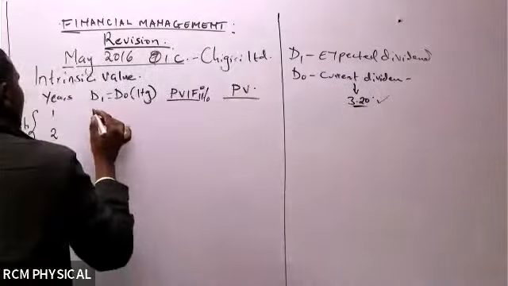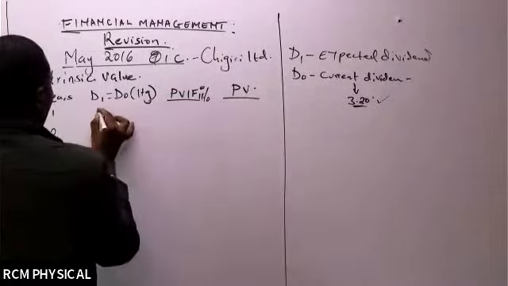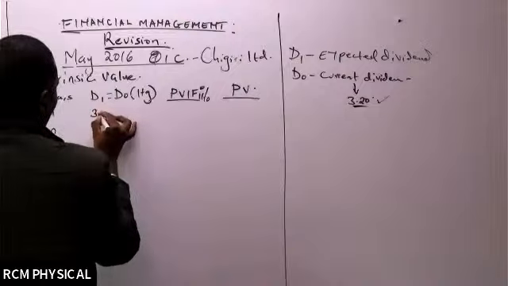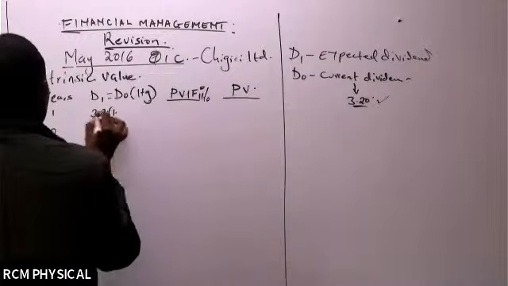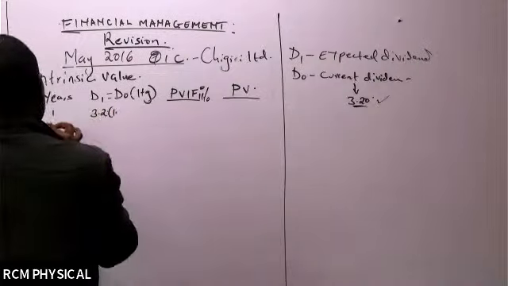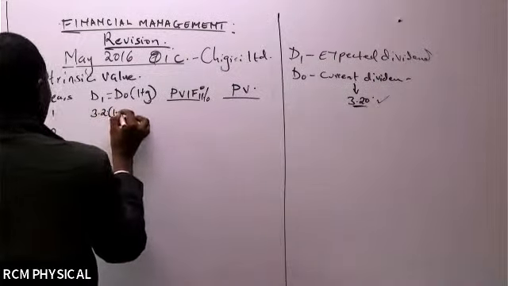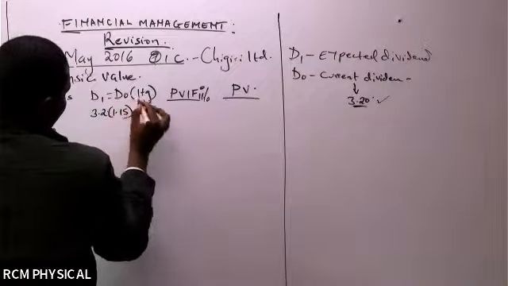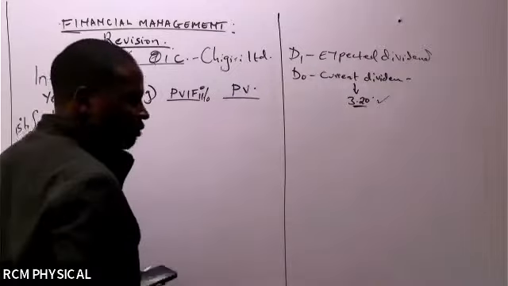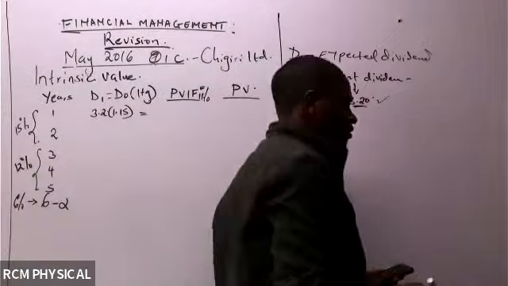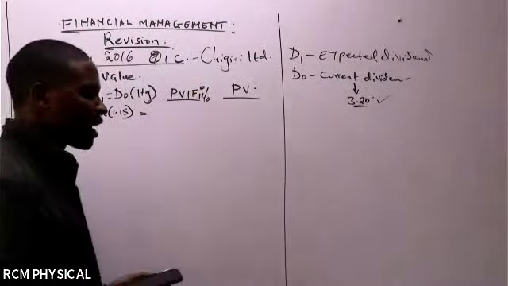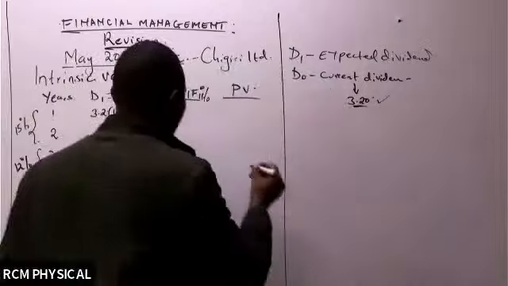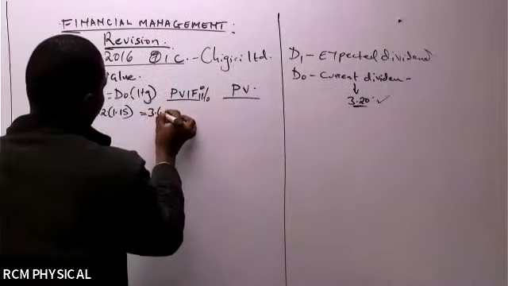For the first year, it is 3.2 growing at a rate of 15%, so 1 plus 15% which is 1.15. So what will be the value after the growth? 3.2 times 1.15 is 3.68.